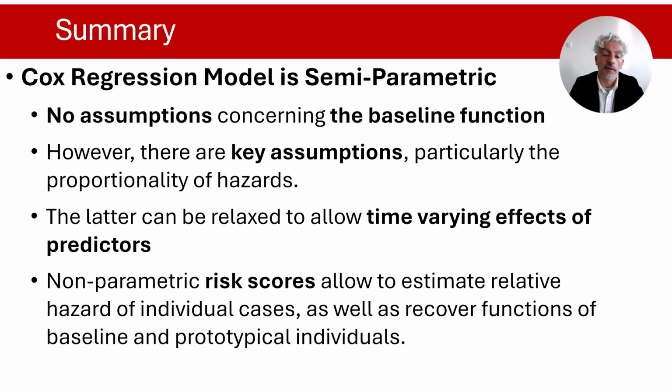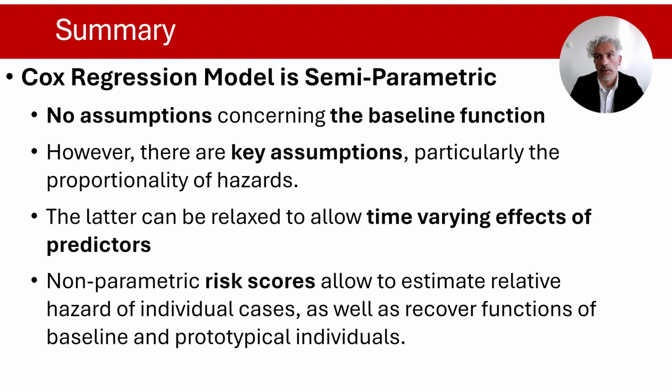So to summarize, the Cox regression model is a semi-parametric model. There are no assumptions concerning the baseline function, and this gives the model a lot of flexibility and makes it useful in many instances. However, there are key assumptions, and particularly it's important to remember the proportionality of hazards, which is also a name given to the Cox regression model.